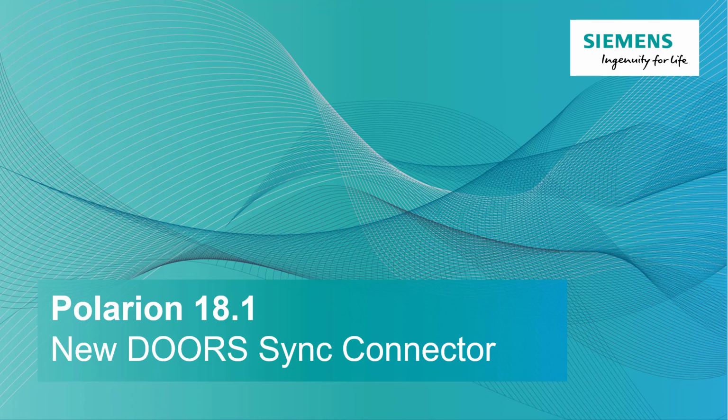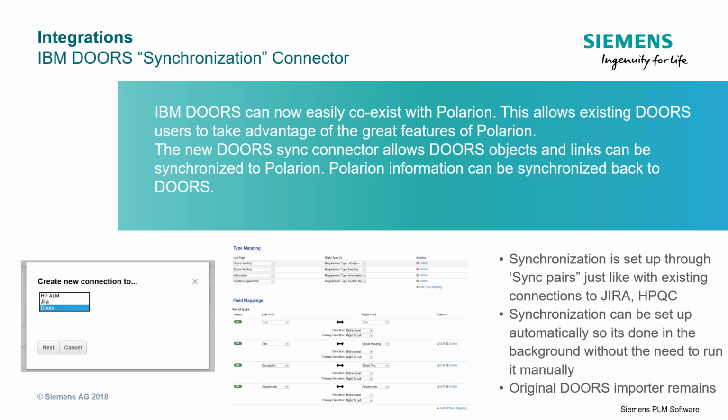I want to talk to you today about the new capability in Polarion 18.1, which is the new Doors Sync connector. It builds on top of some functionality that we added to Polarion previously around being able to import data really easily from IBM Doors into Polarion.